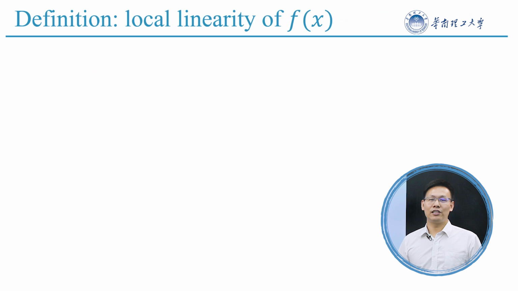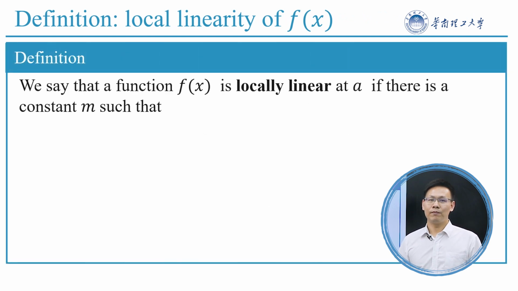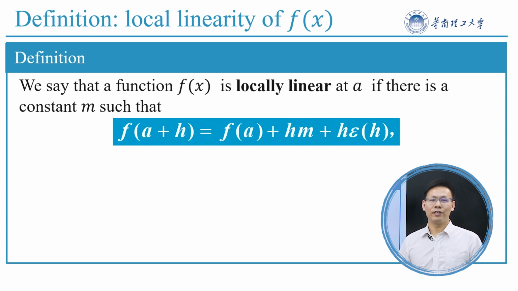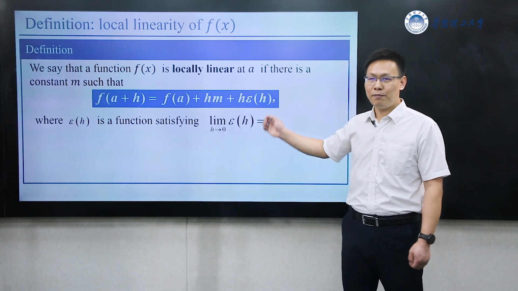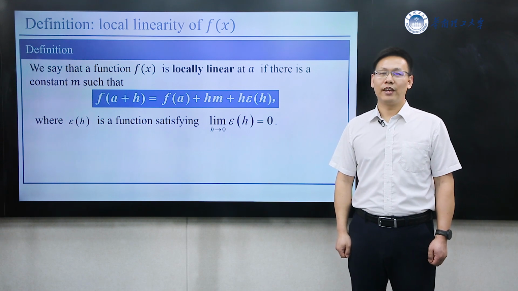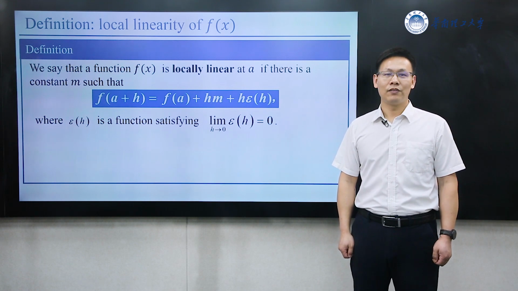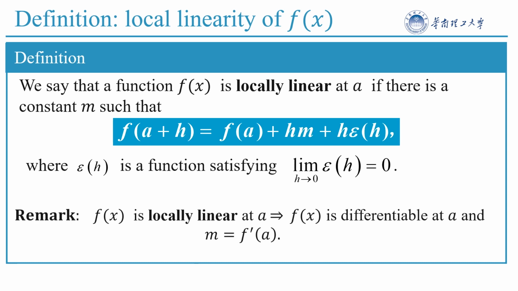Definition: we say that a function f(x) is locally linear at a if there is a constant m such that the following expression holds, where epsilon(h) is infinitesimal. By the definition, it is easy to prove that in the one variable case, if f is locally linear at a, then f must be differentiable at a, and m must equal f'(a).